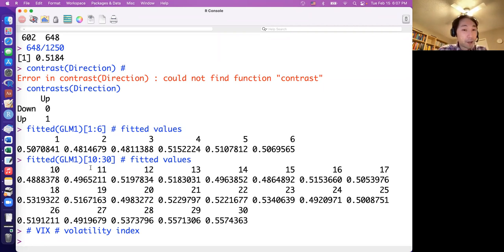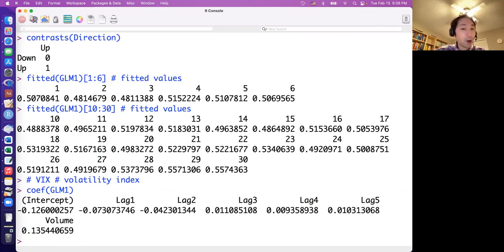Yeah, so we can get the predicted value. Maybe we can decide the stock market will be up if the probability is more than 50%. You can also extract the coefficients. This may be useful to manipulate some numbers, to do something more advanced using these numbers.